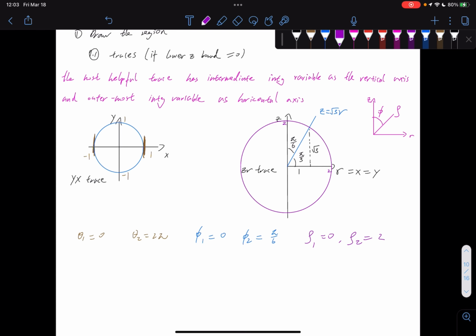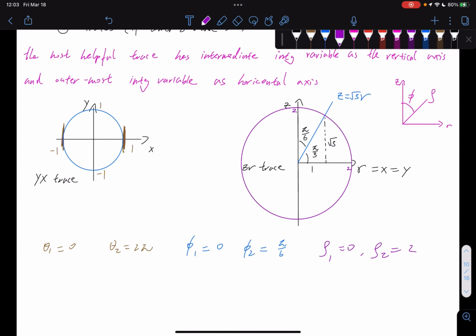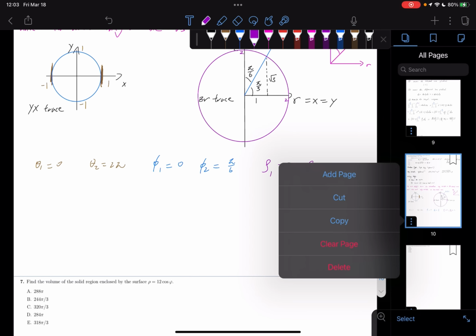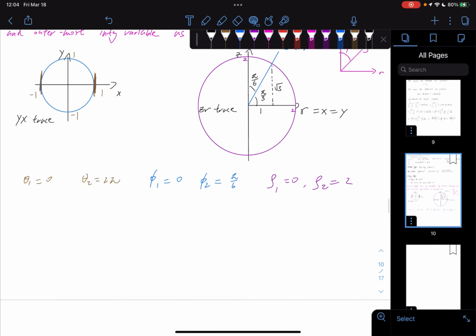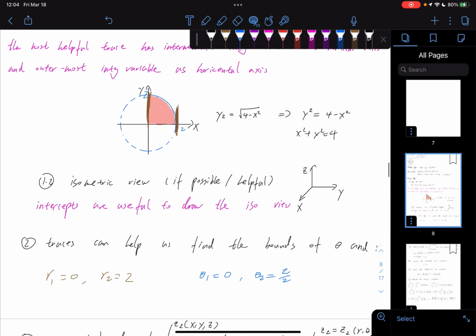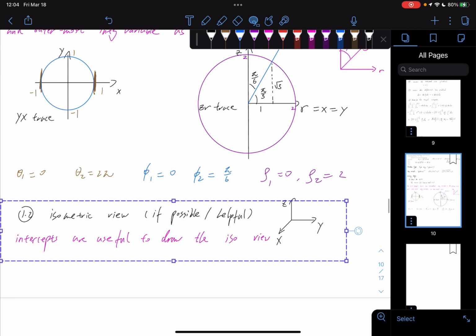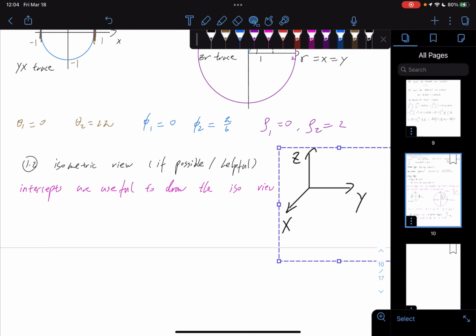So by just drawing the traces, we have already found all of our bounds, and we don't need to draw the isometric view, but just for the sake of completion, and to demonstrate what we're looking at, I'm going to draw it for you this time. So let's move the bounds over. I'm going to copy and paste what we did over here as well. Right, so isometric view. I'm going to make this a little bit bigger.